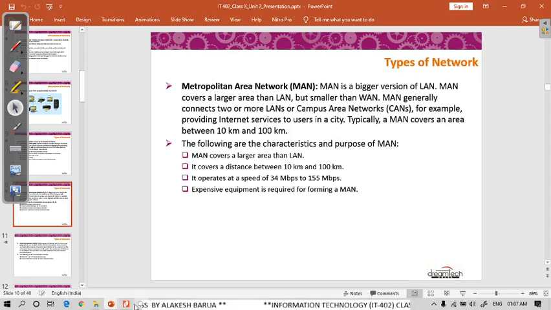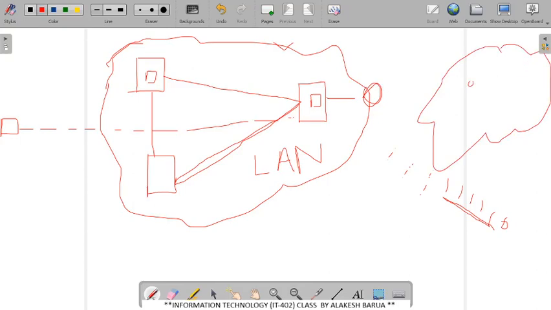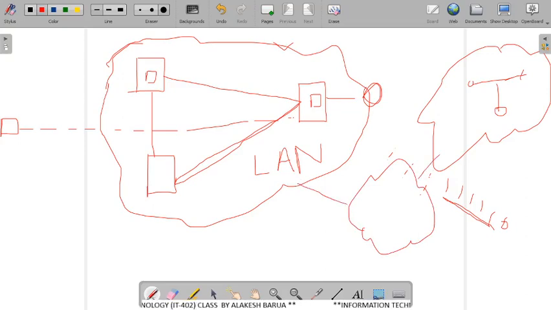Let's just think of this one. This is a LAN. Now let's say there's another LAN network here, and another LAN network here. If all these networks are interconnected together, then it becomes a metropolitan area network.